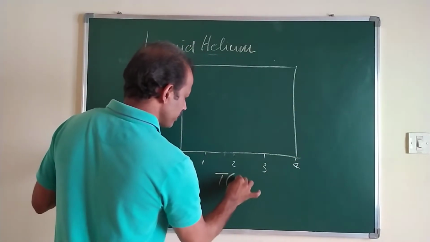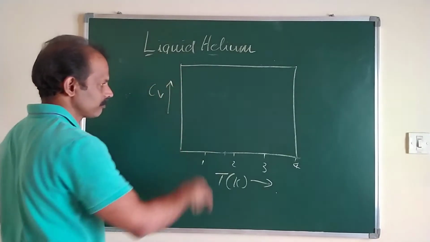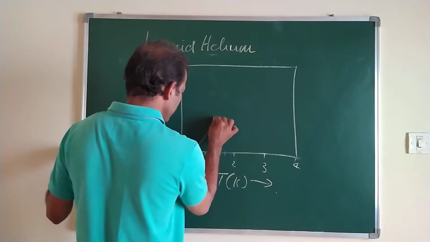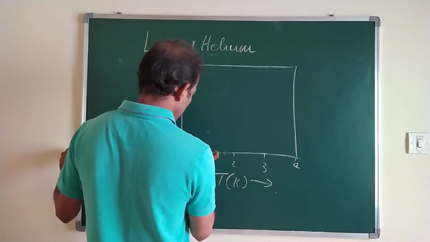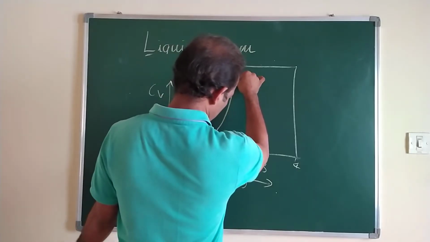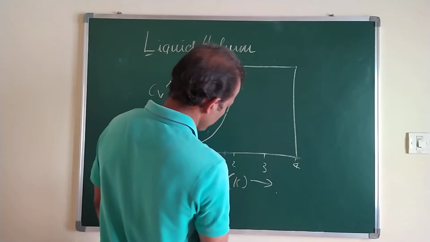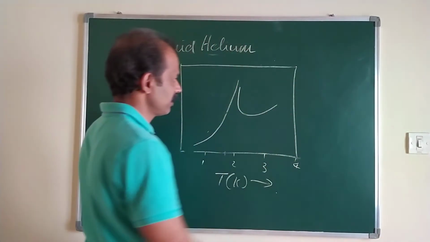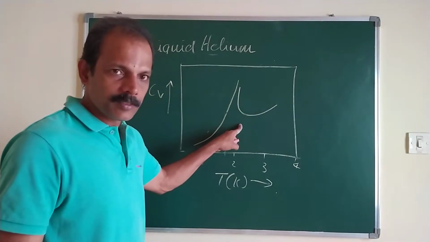It is again temperature in Kelvin, and CV. First it increases, okay, then there is a discontinuity in the curve. The curve is like this.